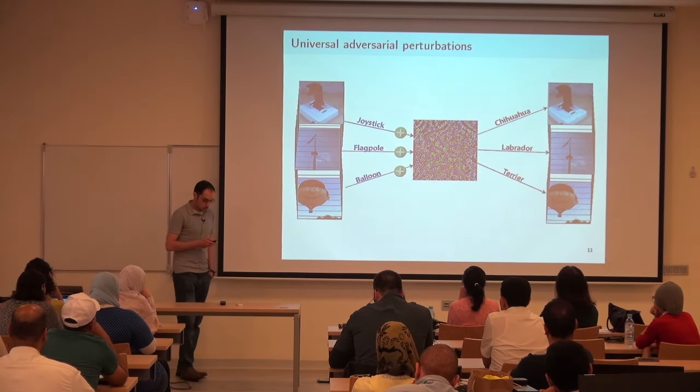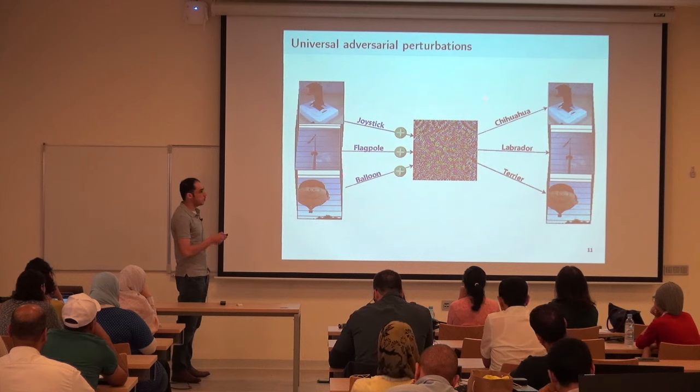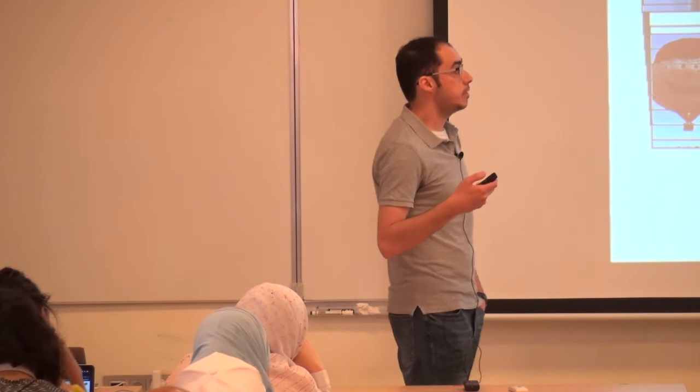So this universal perturbation is universal because it applies to any image, whereas the previous perturbation regime I was discussing is specific to the image X that you are considering.